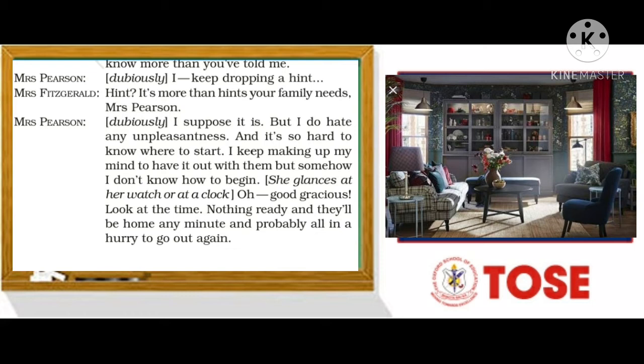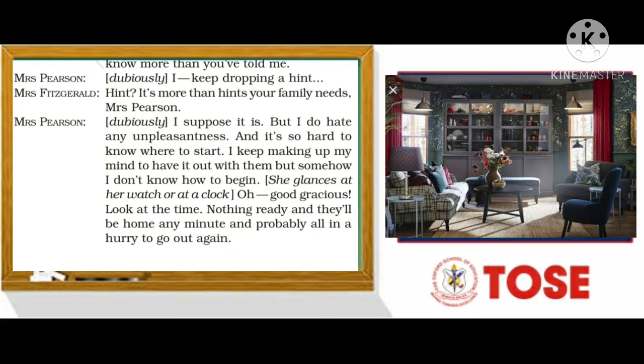I keep making up my mind to have it out with them, but somehow I don't know how to begin. And another thing, she mentioned that she hated unpleasantness, and it was hard for her to decide where to begin.